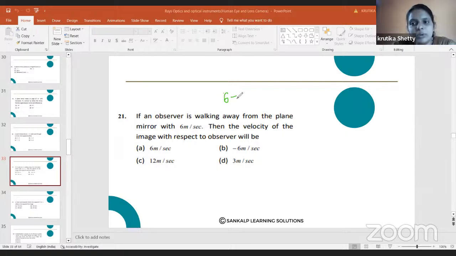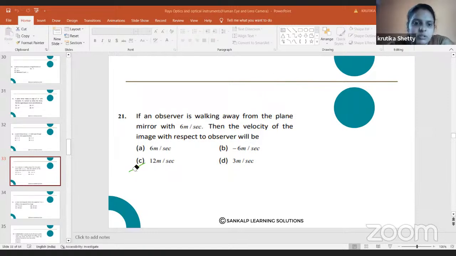If he is moving towards the plane mirror, it will be plus, but as he is moving away, it will be minus here. Then minus of minus 6 we will get. So the answer is 12 meters per second. Minus into minus is plus. Option C is correct here. Option C is the right answer.